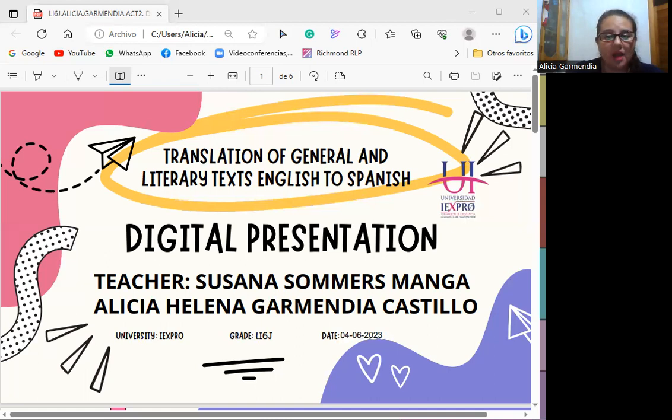As we know a little bit, interpreting is different because it's a way of giving information in another language orally, and they use the method of listening and speaking. The translators, on the other hand, use the skills of writing and reading.